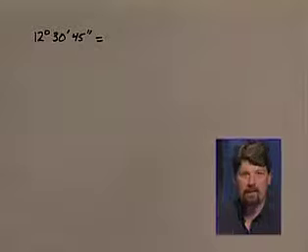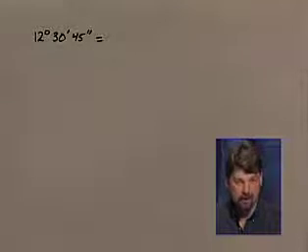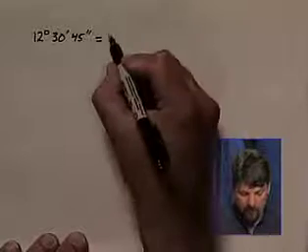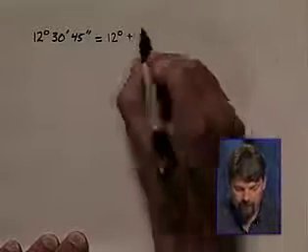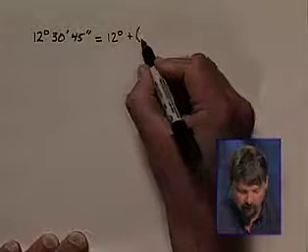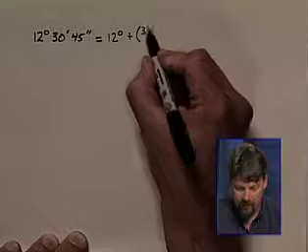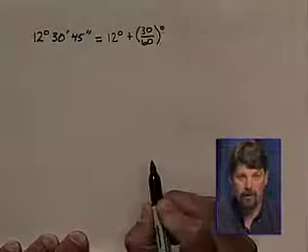Let's take a look at an example. Here we have 12 degrees, 30 minutes, and 45 seconds. What we can do is convert that to degrees as follows. We have 12 degrees plus, now remember 30 minutes is 30/60th degrees, so I can write that as 30 over 60 and then put the degree symbol there.